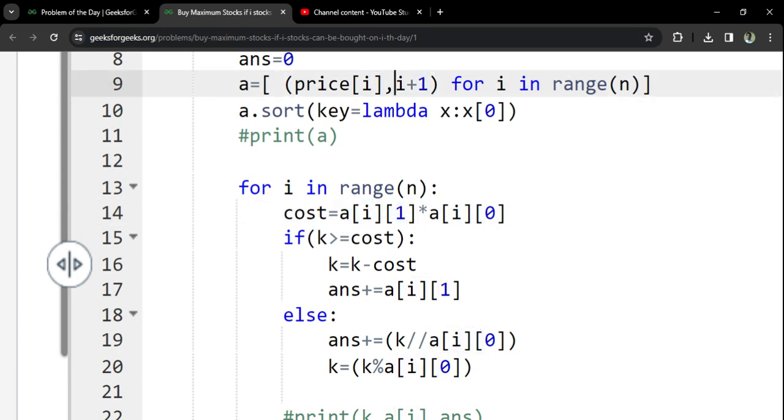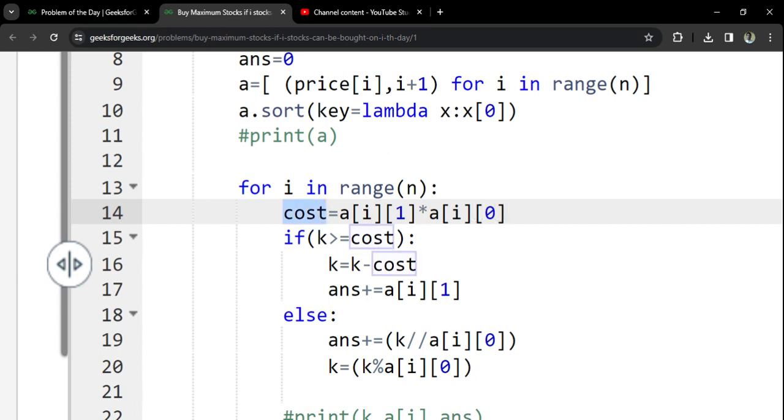For example, at index 1 this also will be 1, at index 2 this also will be 2, and so on. That means on that second day, I can purchase at most 2 stocks. That is the maximum number of stocks that can be purchased on that day. So if I multiply this, some cost will come, which is the max cost that I can spend on that day.